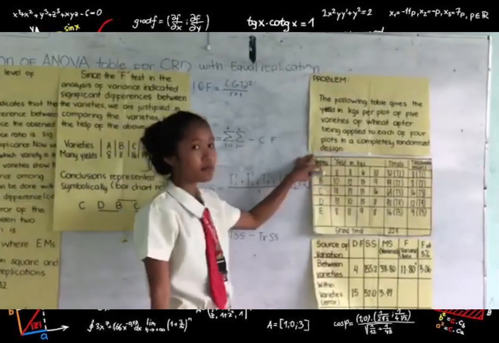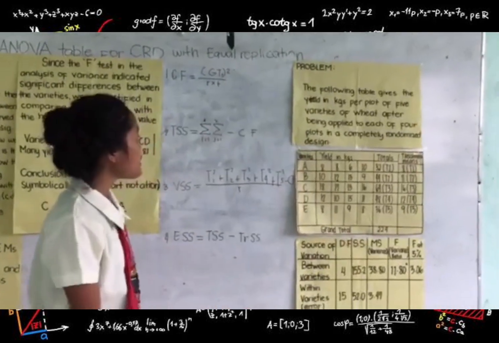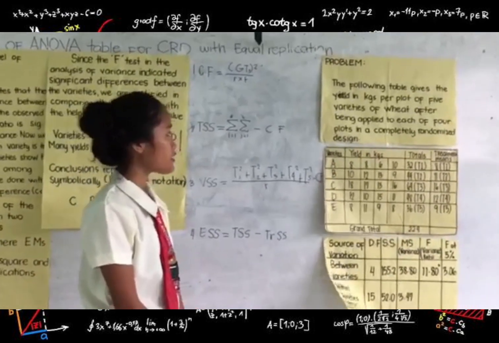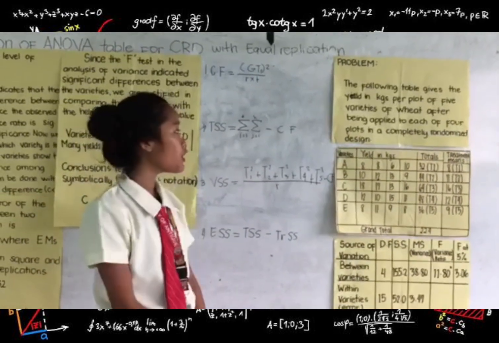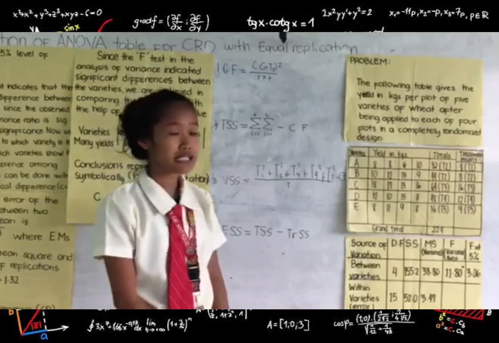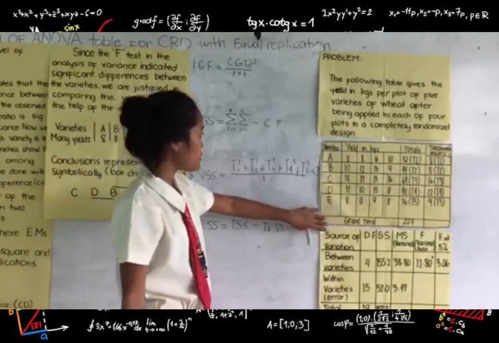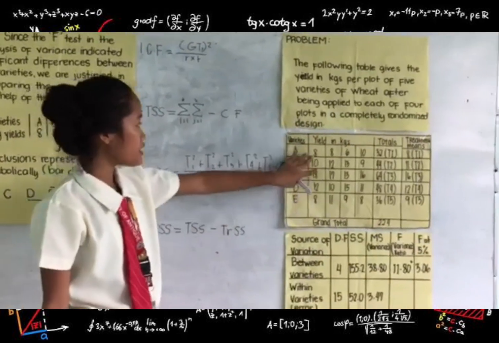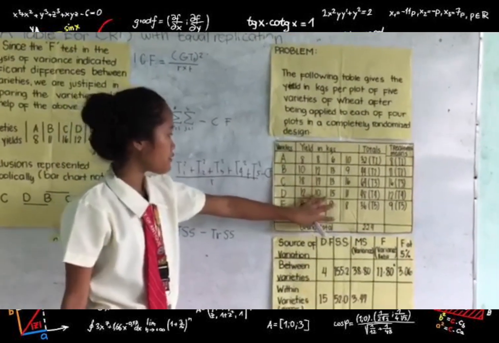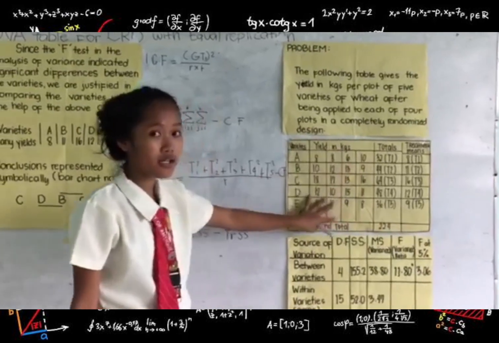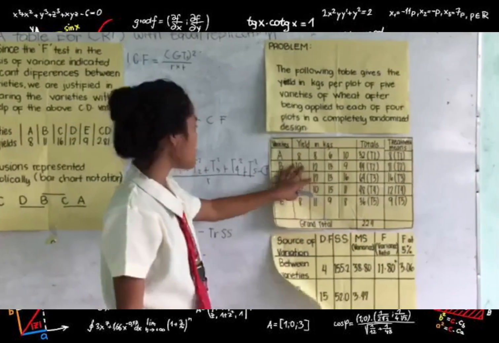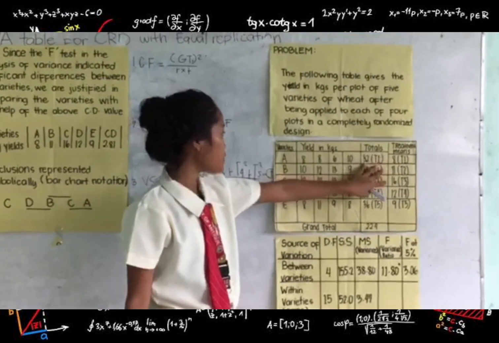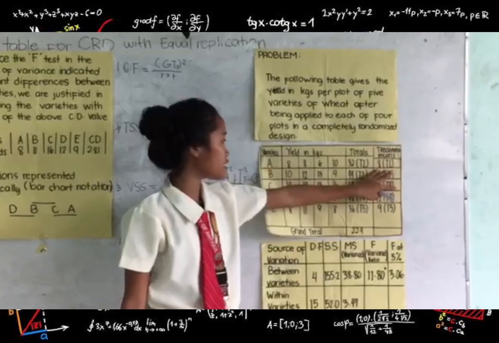So I have here with me a problem. The following table gives the yield in kilogram per plot of 5 varieties of bread after being applied to each of 4 plots in a completely randomized design. Here is our table. For varieties, we have A, B, C, D, and E. For yields in kilogram, we have 4 replicates with different recorded data. For the total, for variety A, we have 32, and our treatment mean is 8.